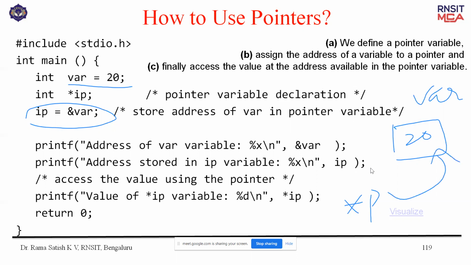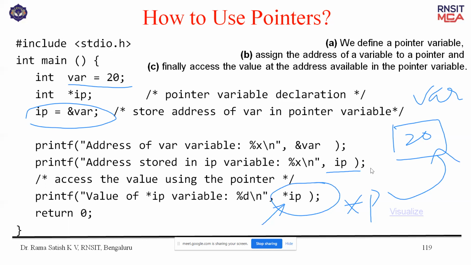What happens when you print the value of the pointer? If you want to print the value, include a star in front of the pointer variable. Without the star, if you just write the pointer variable, it represents the address.